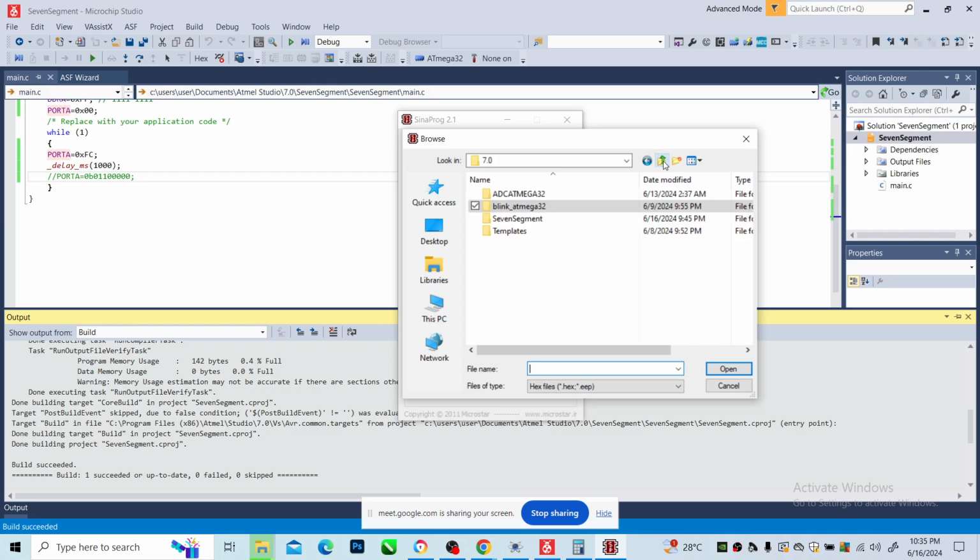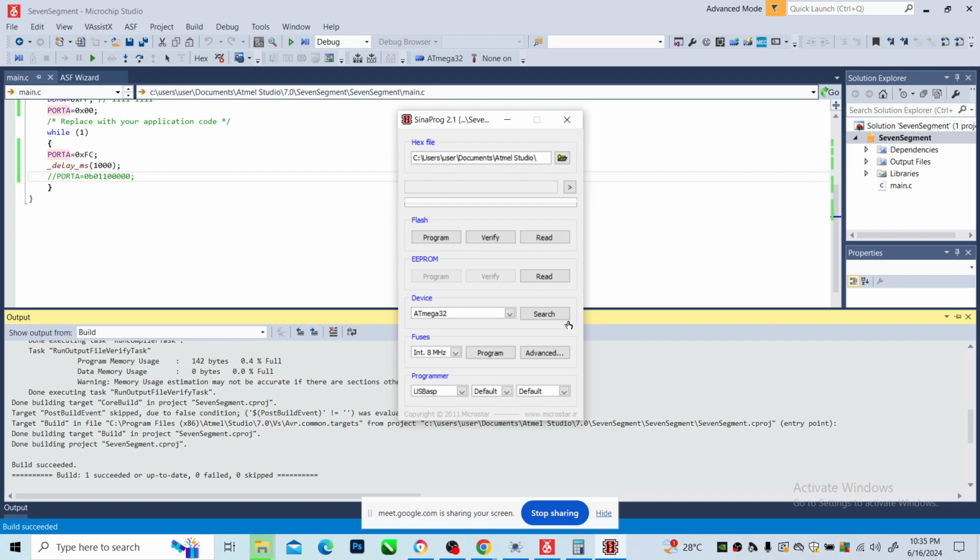It was our last code here, 7 segment, debug, and extract. Enter. So the next thing to do is to program. So let's see what happens to this. Program has been sent.